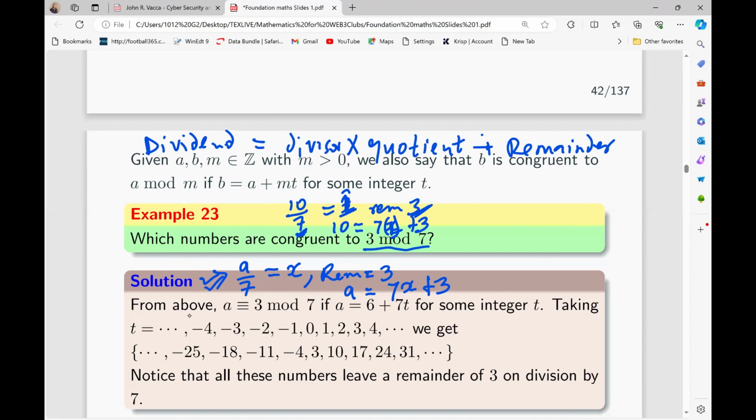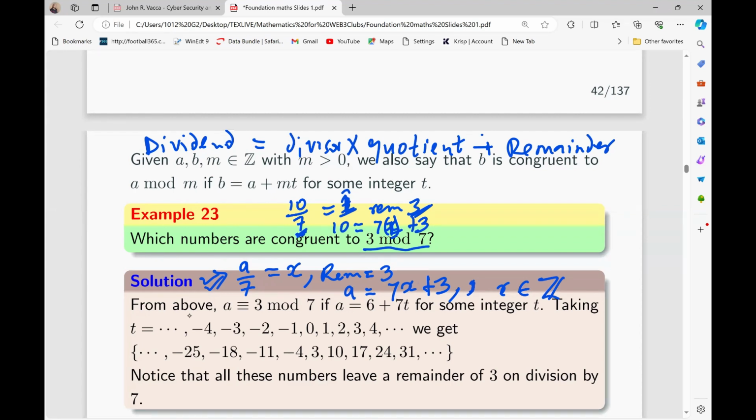Now, the question is, how do we find these numbers? What is X? X is any integer.